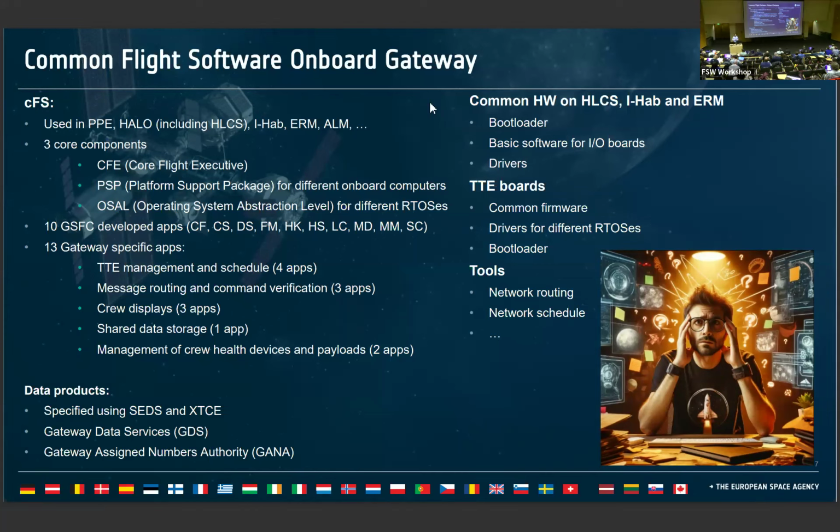Then there are 10 original CFS apps which we use, which were developed by Goddard. These are used on Gateway. And then on top of it, we have 13 specific apps which have been developed by the flight software team in Johnson Space Center. These are 4 apps for TTE management and schedule, 3 apps for message routing and command verification, 3 apps to support crew displays, 1 app for shared data storage, and then 2 apps for management of crew health devices and payloads.